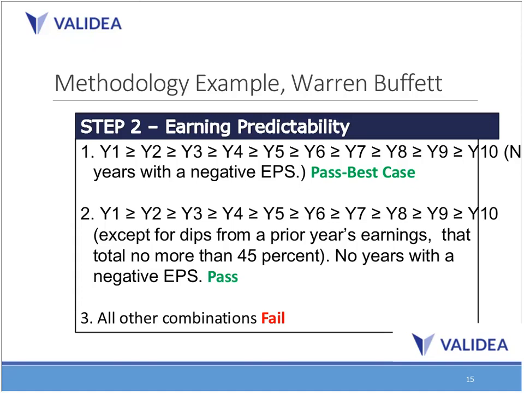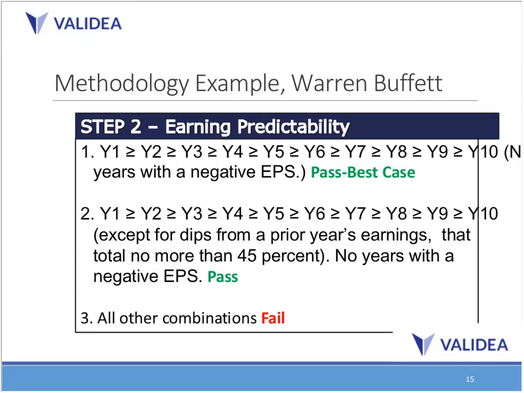What is actually happening here is very, very important to his strategy. He is getting companies with earnings predictability over a long period of time, and this becomes exceptionally important to his strategic criteria, as I will mention later on as part of this.